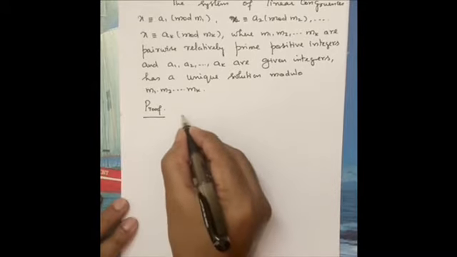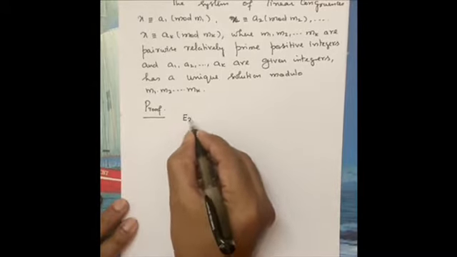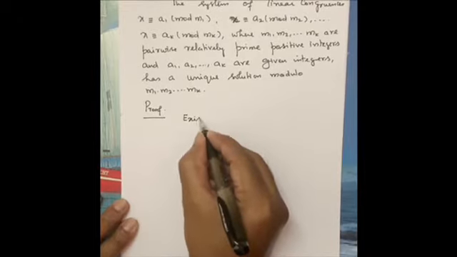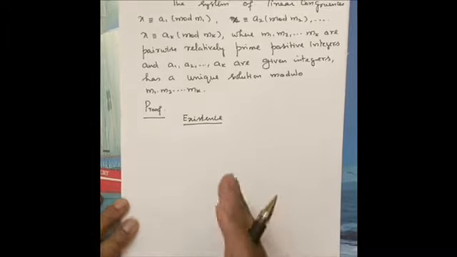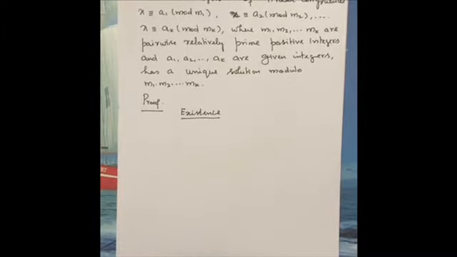So first we prove existence. In existence, we have to construct the solution. So one value for x we are constructing, and we have to verify it satisfies the given congruences.